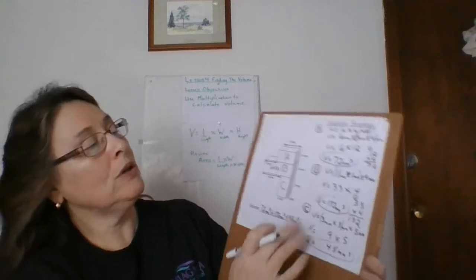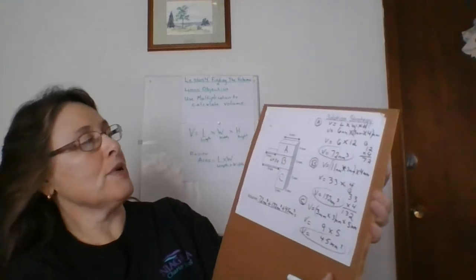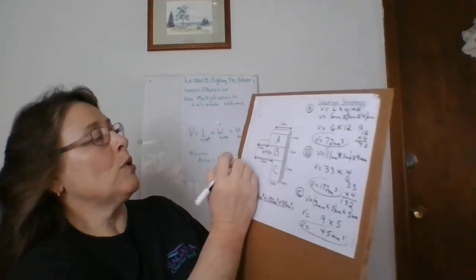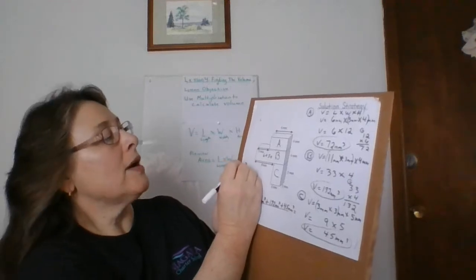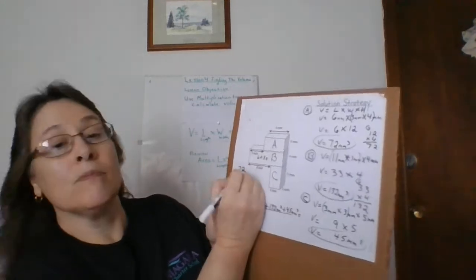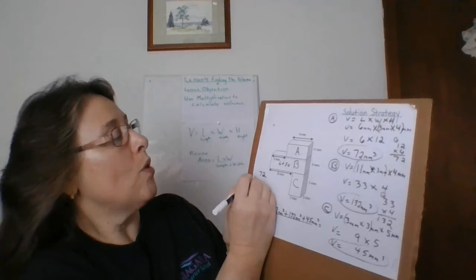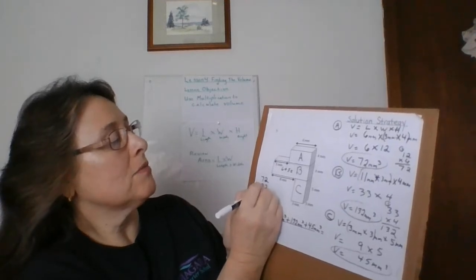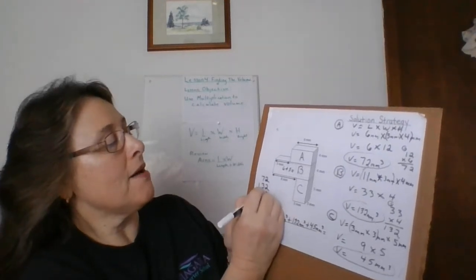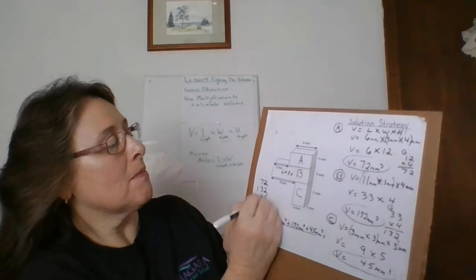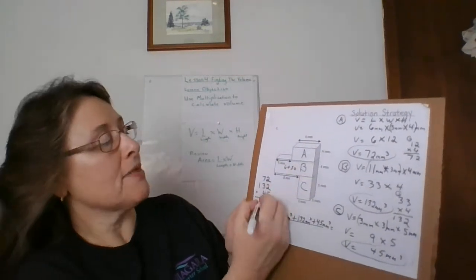To find the total, I am going to take these 3 and set them over to the side here. So I have 72, I have 132, and 45. Make sure you line them up.